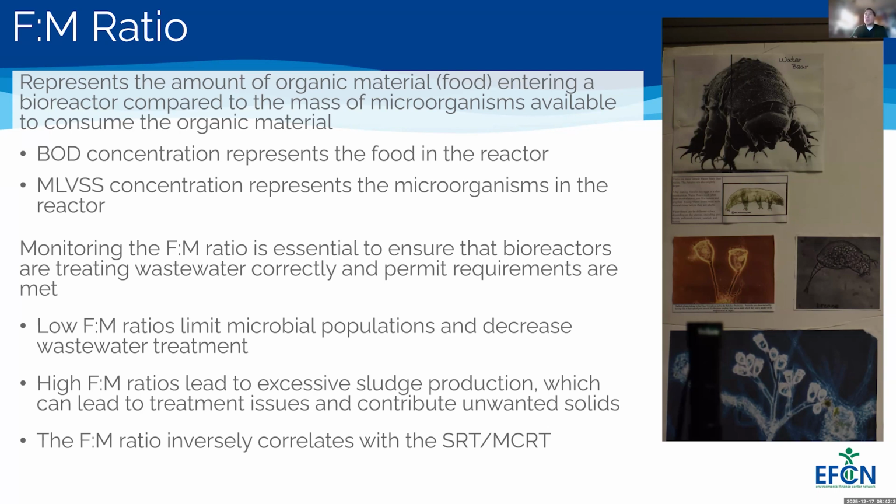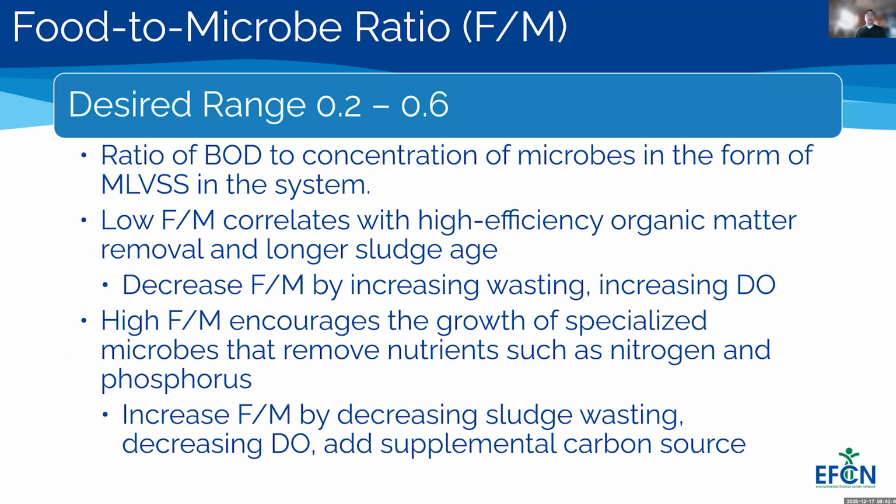And then the last thing before we move on from this slide, explaining F to M ratio, is that the F to M ratio tends to inversely correlate with our sludge age, that SRT or MCRT. We usually want our F to M ratio to be in that desired range of 0.2 to 0.6.